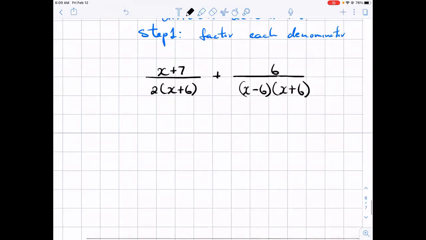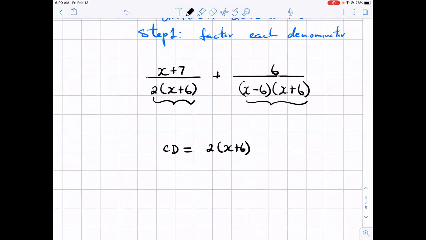So now, what is my common denominator? Common denominator, I start out with the first and I write everything. There's a 2, there's an x plus 6. Then I move to the next denominator. There's an x minus 6. And then if you look, there's an x plus 6, but I already have x plus 6 there. So I don't need to write it twice. Right?